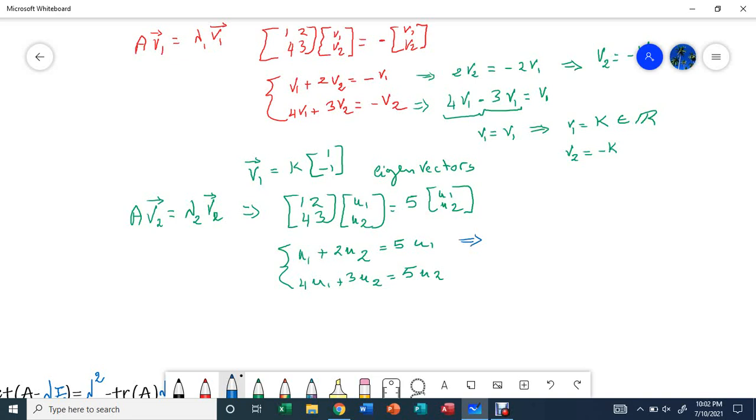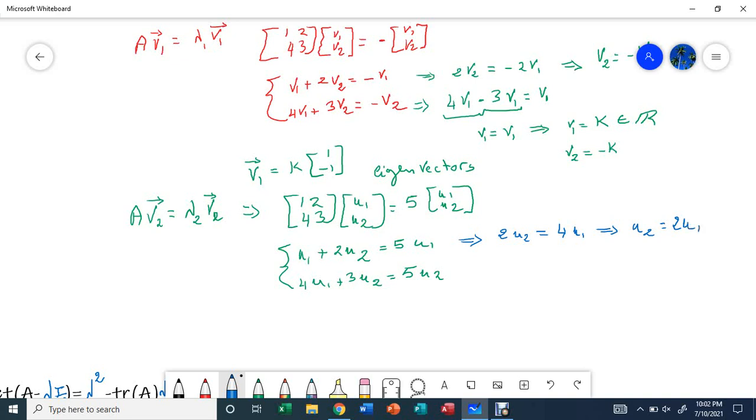If I subtract u1 from both sides, I get 2u2 equals 4u1, so u2 equals 4 over 2, which is 2u1.